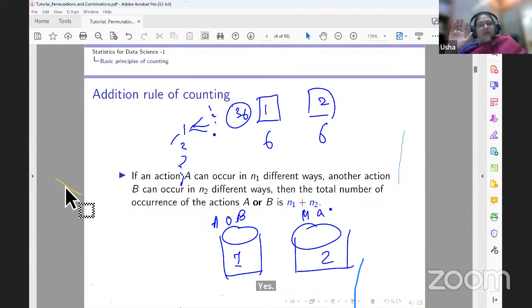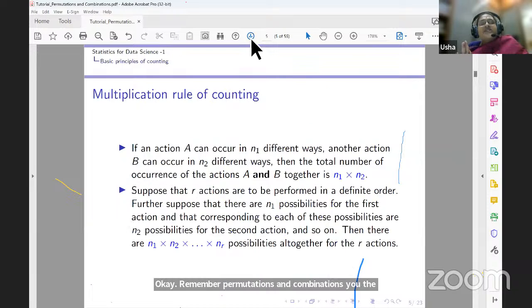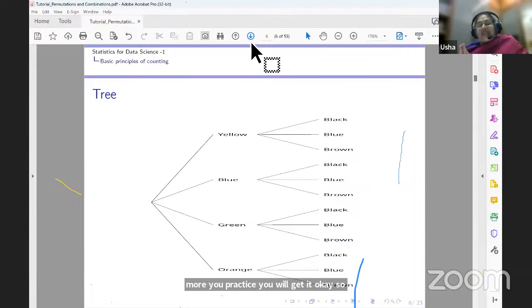Remember, permutations and combinations, the more you practice, you will get it. So the first thing is to understand what the addition rule and multiplication rule are. In the addition rule, you write down the possible outcomes and add the total.